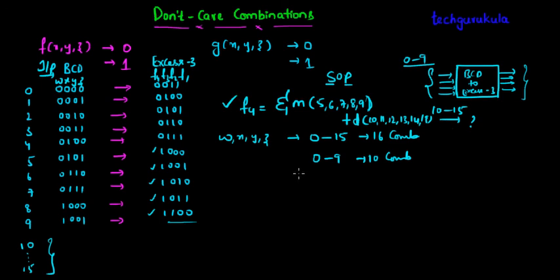And now the question comes again: why do we have to take these don't care conditions? The reason is, if you don't consider the don't care conditions at all, you only have very few minterms, and by using these few minterms your equivalent expression will be bigger. If your function expression is bigger, the logic circuitry you need to build will be bigger, and as a result the cost of the circuit increases.